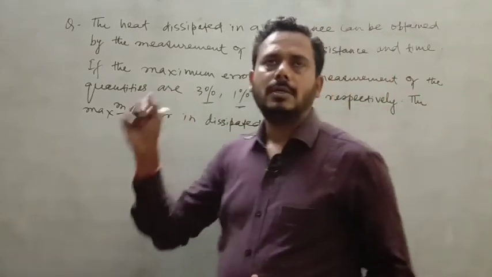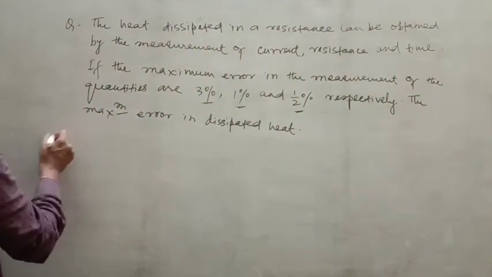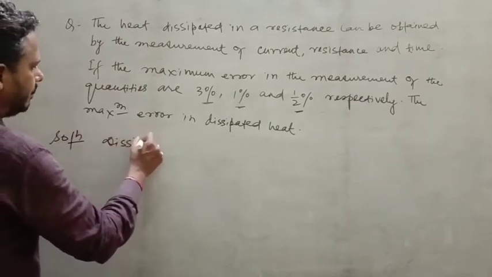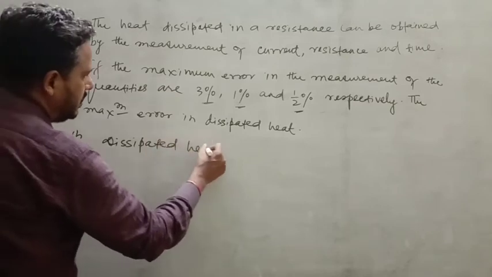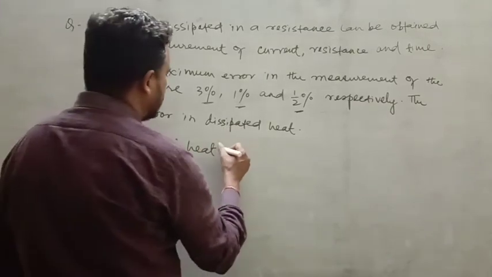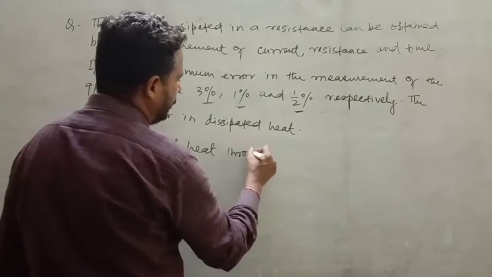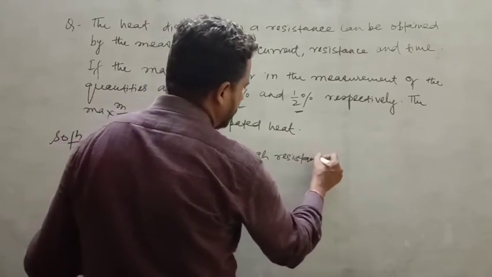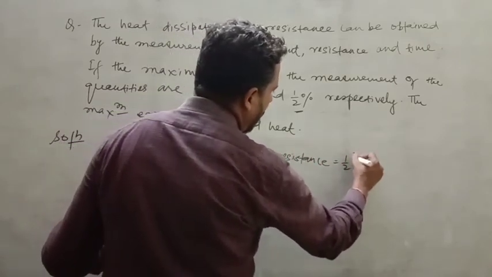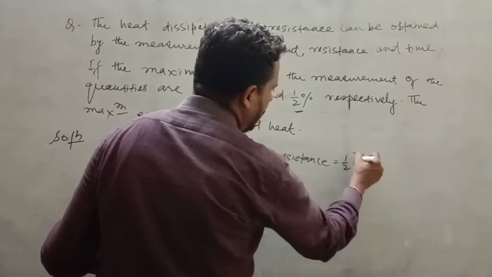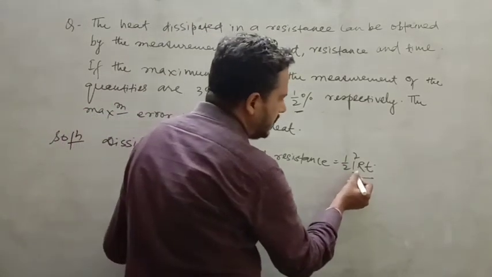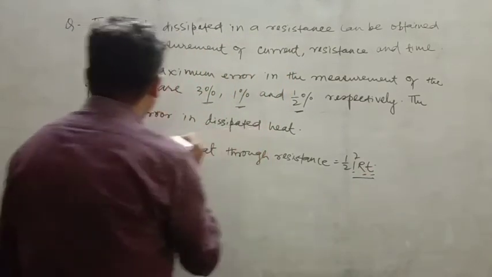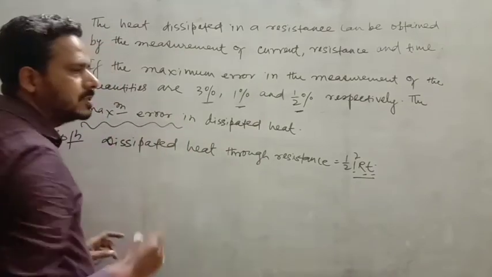For its solution, you know that the dissipated heat through resistance is half I square RT, where I is your current, R resistance, T the time. But now here you have to find the maximum error.